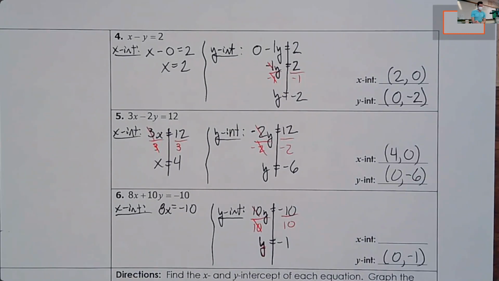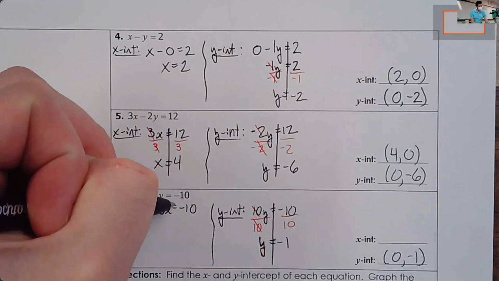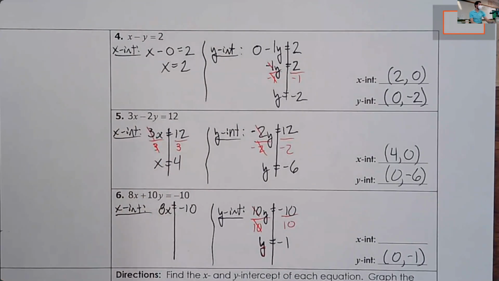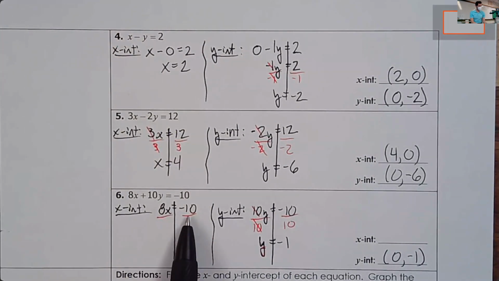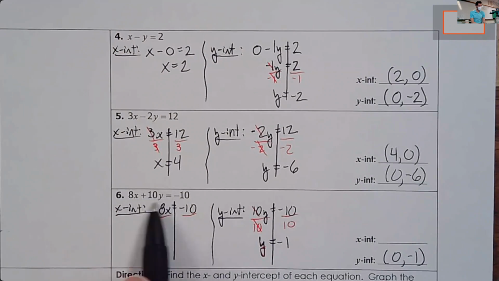How about the x-intercept? Does anybody have that? -5/4. I like it. And if you got -10/8, that's correct. It just reduces. So here we go. Divide both sides by 8. So we got 8x equals -10 because we plug in 0 for y, and 10 times 0 is 0. So we don't need that at all. We can just write 8x equals -10.